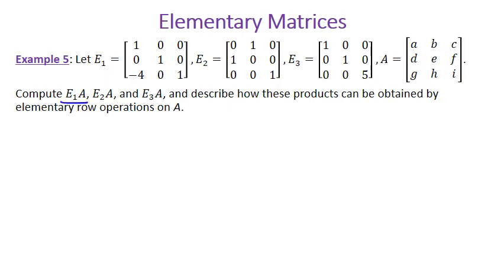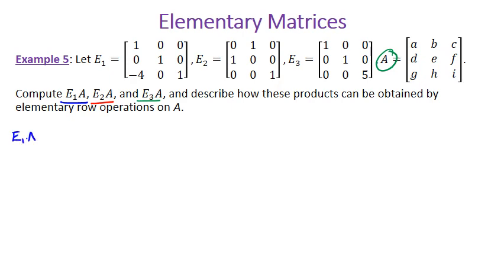First, I want to find E1 times A, then E2 times A, and then E3 times A. And once I compute these, I want to analyze and compare how that new matrix relates to matrix A, and talk about those elementary row operations.